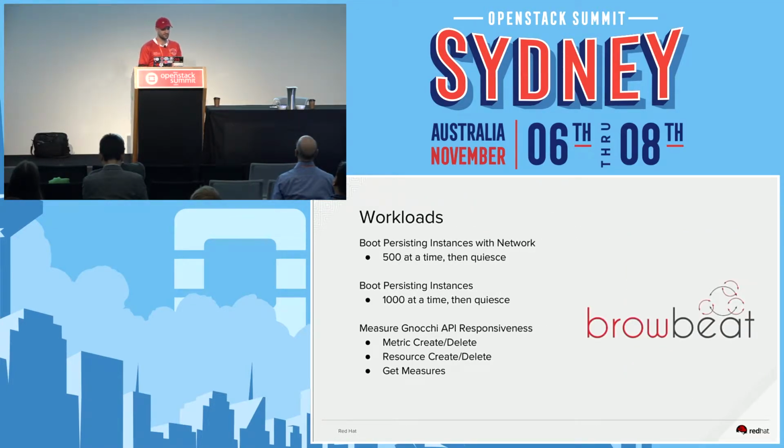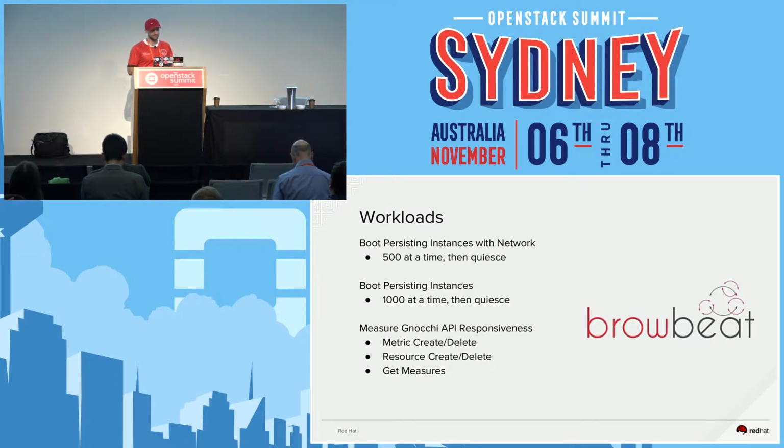For workloads, I've used booting instances with a network, and I've done that 500 at a time, and then have a quiesce period. That way I could see whether or not the backlog was growing infinitely, or if Gnocchi itself was handling the amount of work.